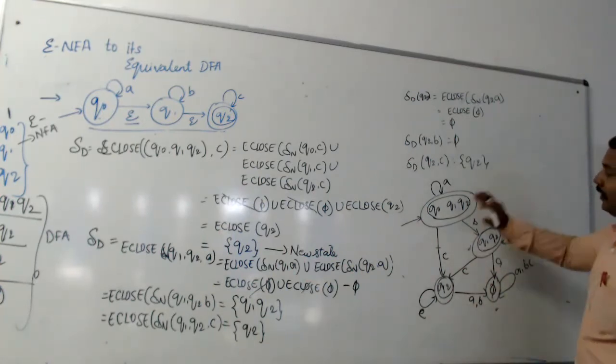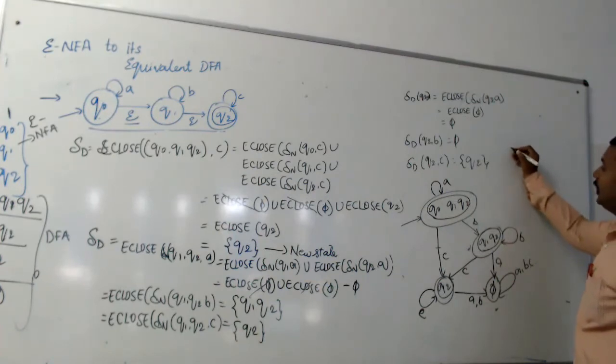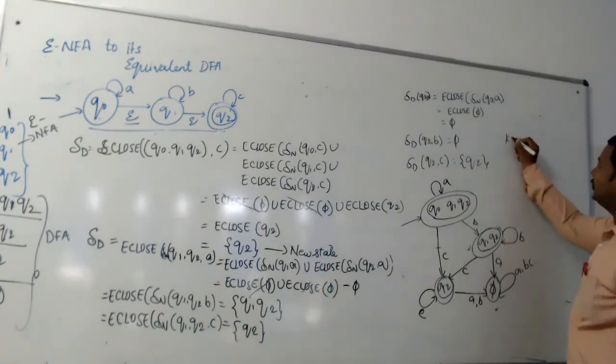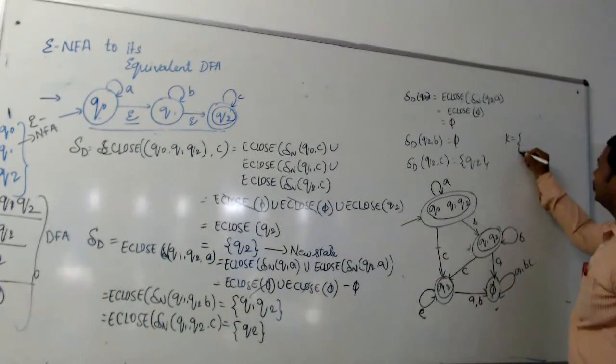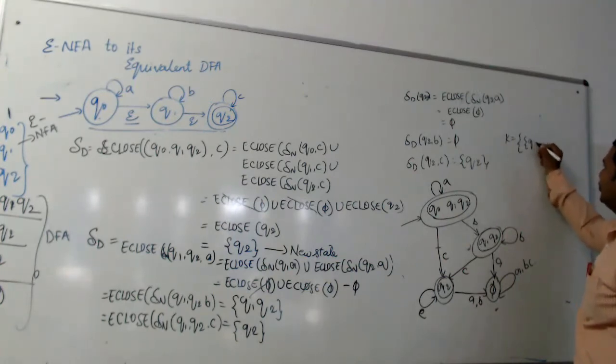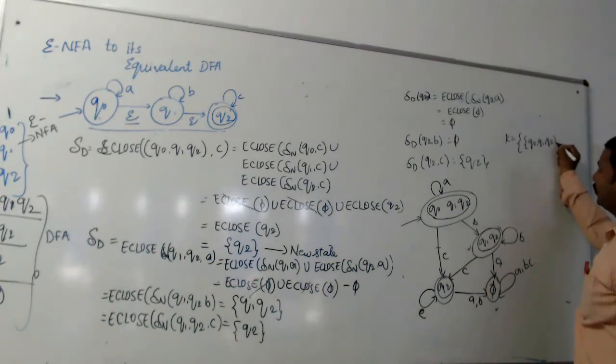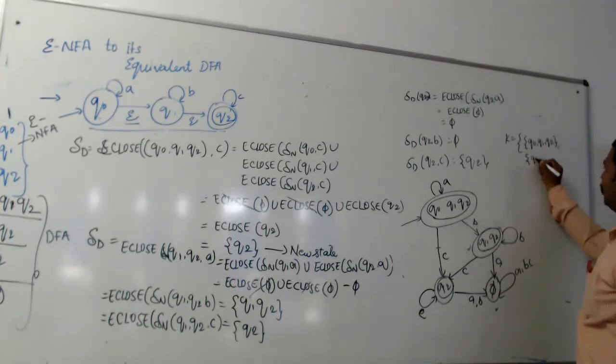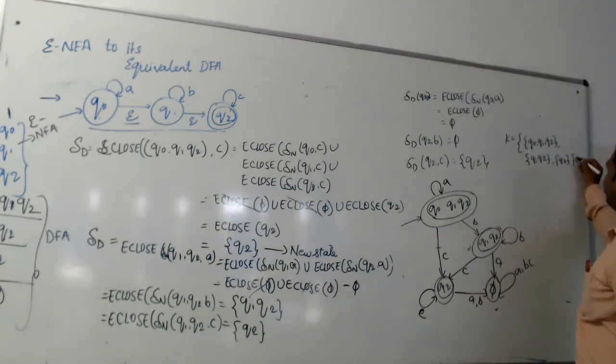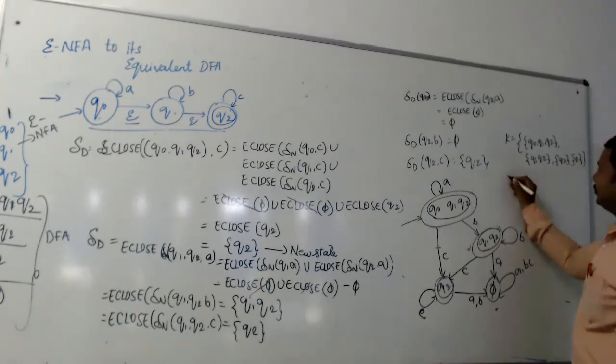Now you need to define all the variables, that is, which is my K set. K will be the set of finite states. States are Q0, Q1, Q2, Q1, Q2, Q2 and phi.